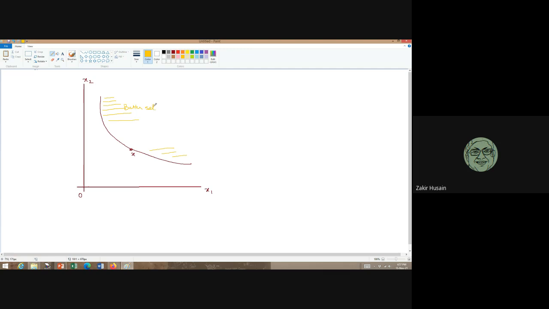Sorry, I'm using the word better of, but it's actually better set. Now look at the better set. If the better set is convex, then see, this is a function.